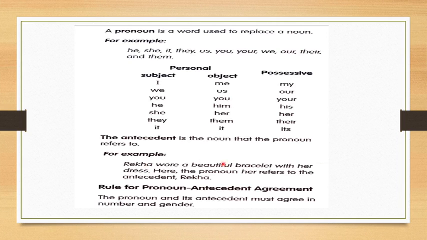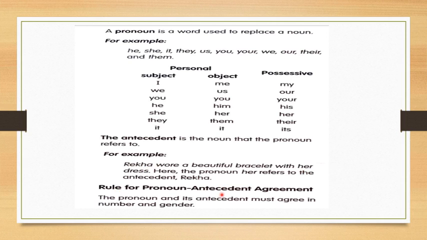Her is nothing but a possessive pronoun. Here the pronoun her refers to the antecedent Rekha. It means this her belongs to Rekha, it is used for Rekha. This one is a noun and this one is a pronoun.